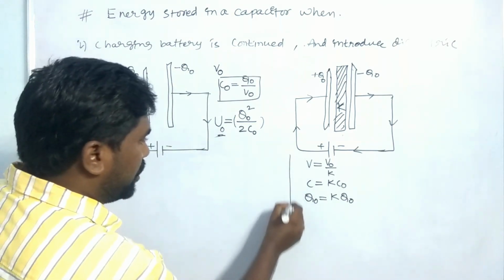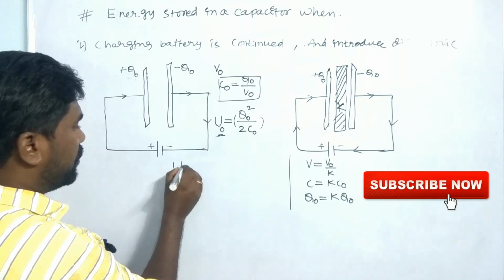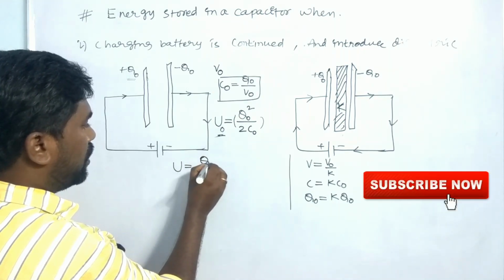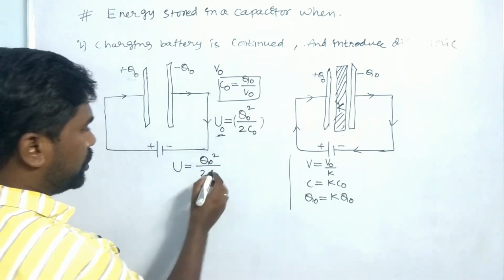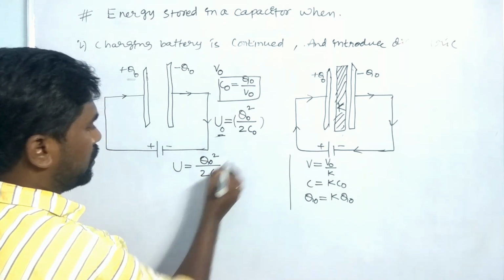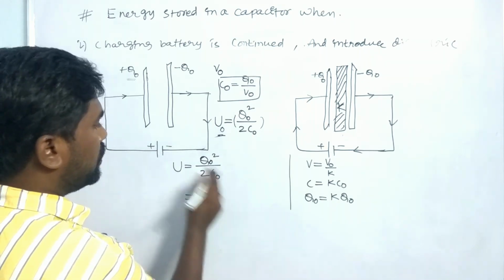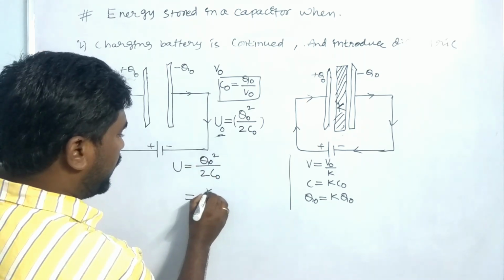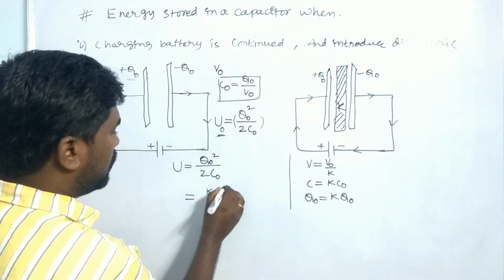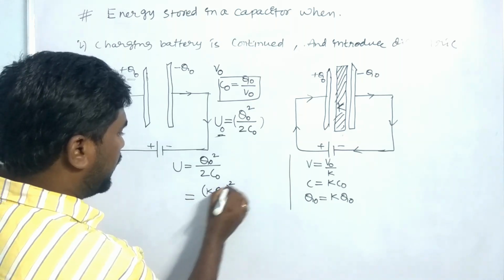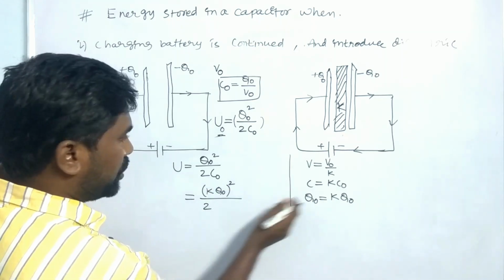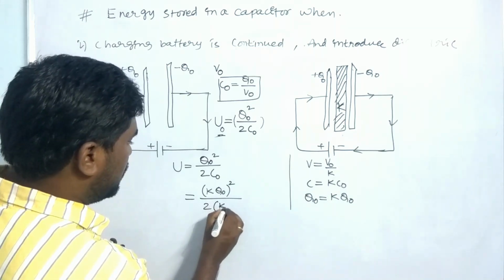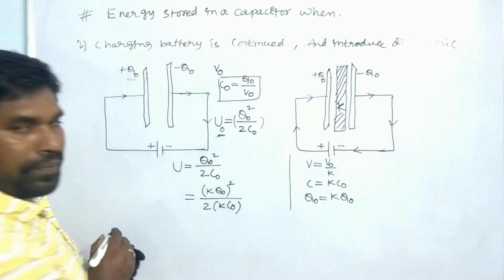Therefore, from the energy equation, U is equal to Q square by 2C. Then Q square is K Q0 whole square by 2 into C, where C is K C0.